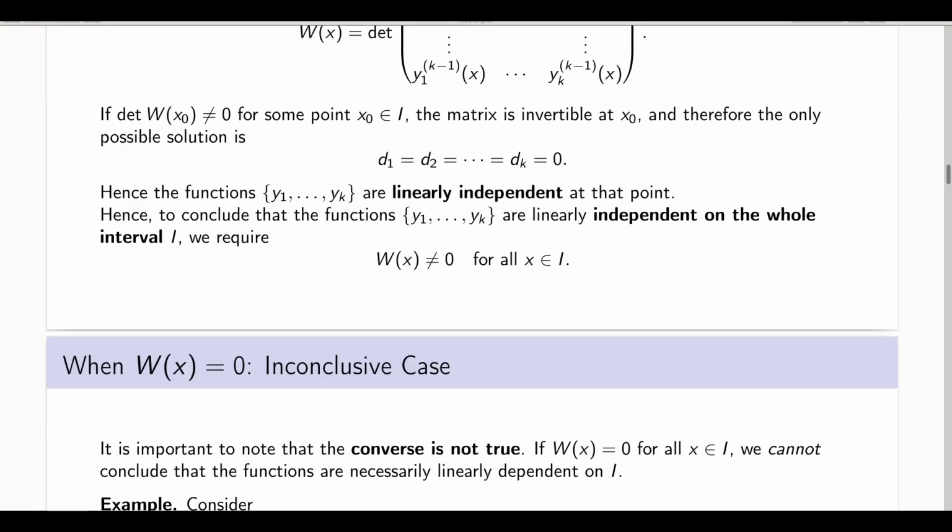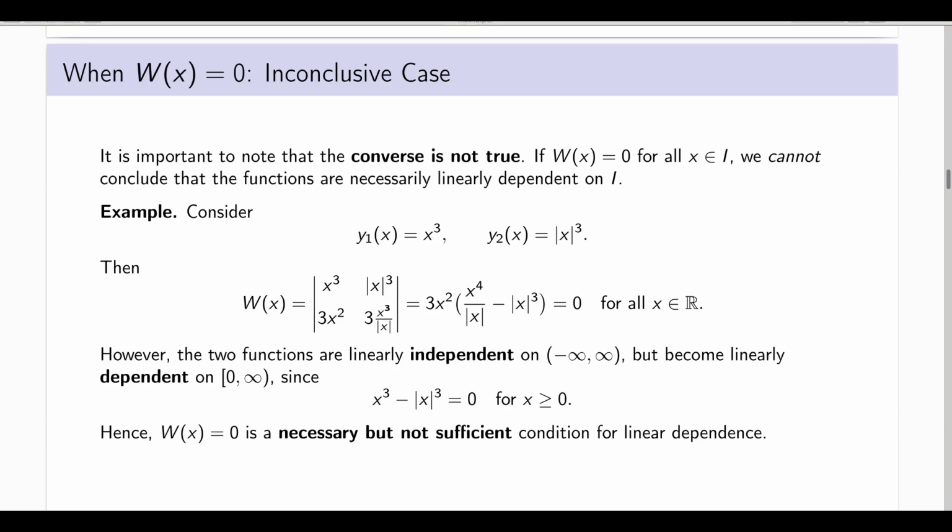Now, it's important to realize that the converse of our Wronskian test does not hold. If the Wronskian w of x equals 0 for every x in the interval, we cannot automatically conclude that the functions are linearly dependent. For example, take y1 of x equals x cubed, and y2 of x equals the absolute value of x cubed. If you compute the Wronskian, you find it is identically 0 for all real x.